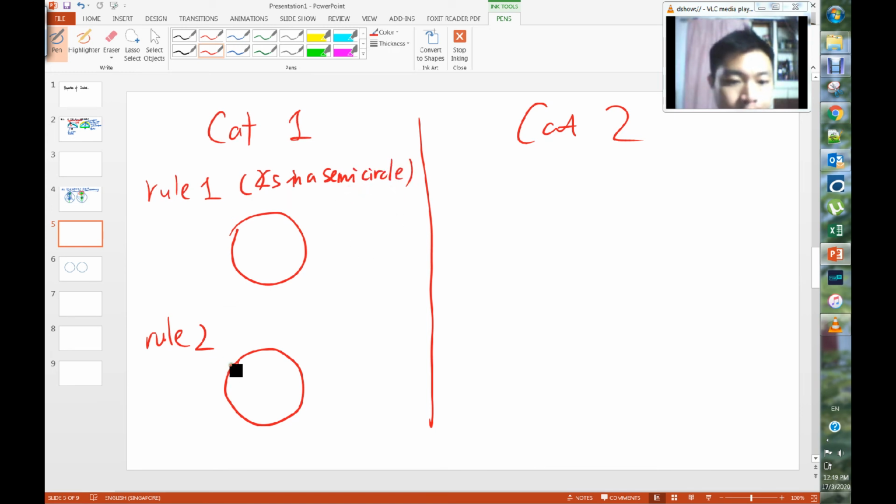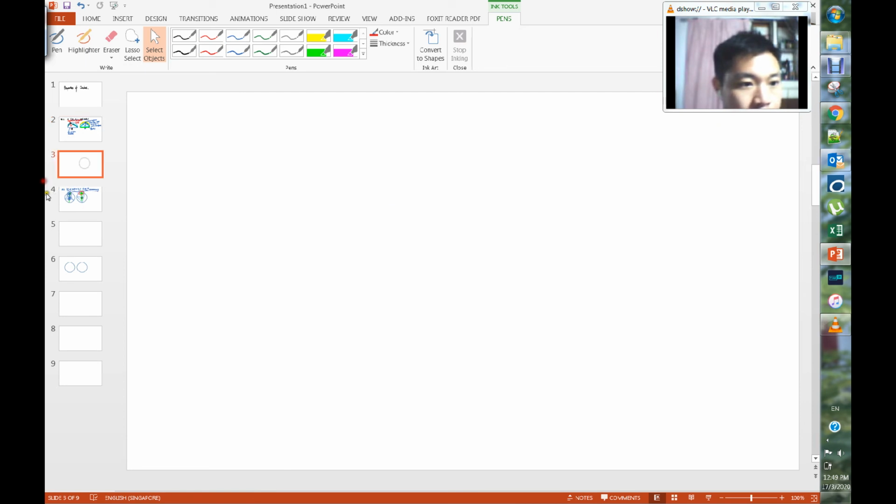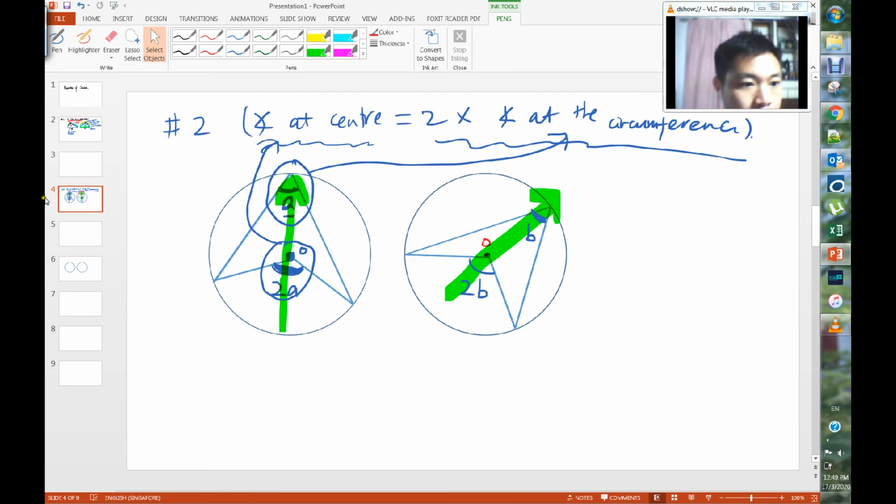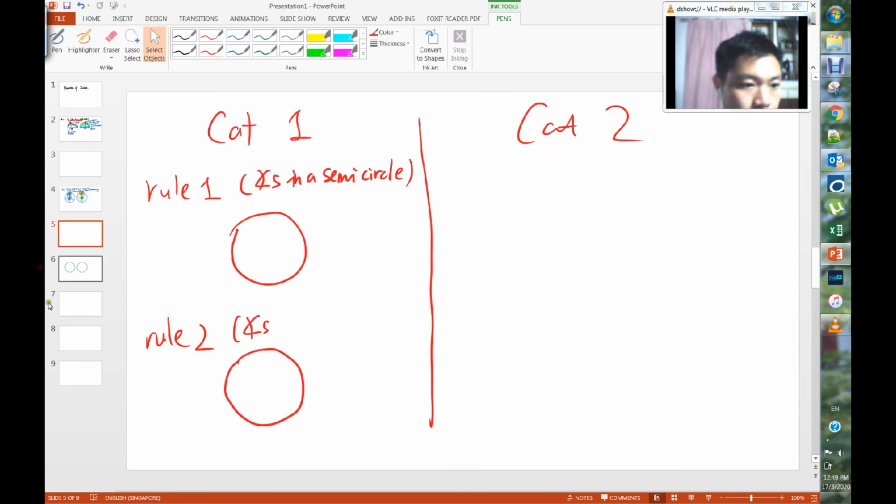And then rule number 2 is angle at center is 2 times angle at circumference. Very good. So rule number 2 is angle at center is 2 times angle at the circumference.